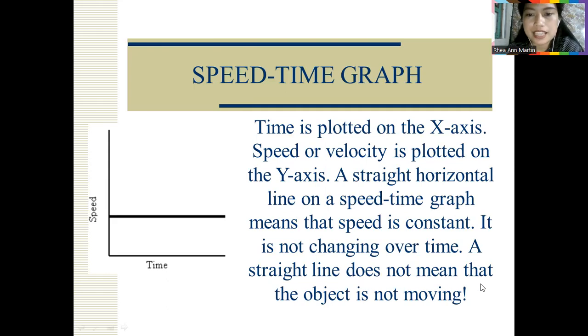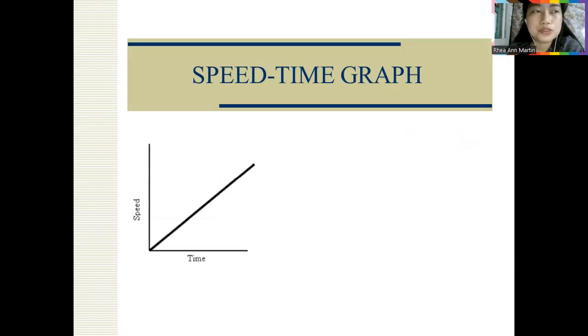A straight line does not mean the object is not moving. Yan yung sinasabi ko. So for you to be able to know what is being asked, you should always remember to read the labels. Baka naman speed ito or distance, hindi mo na alam yung isasagot mo.